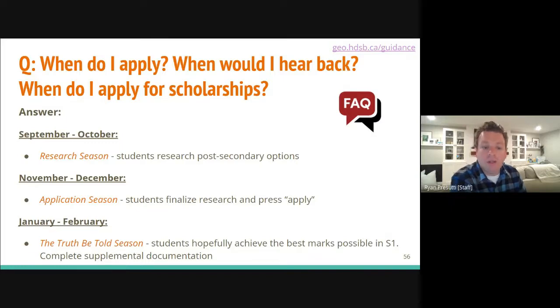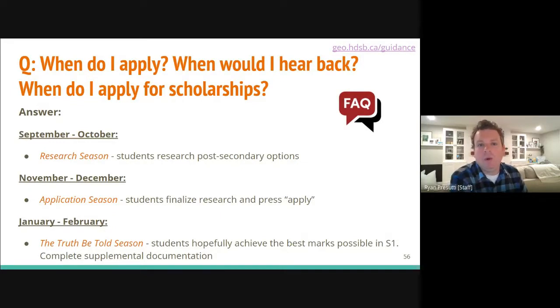In November and December, we call that application season. So that is when students should actually finalize what their research is and then press apply on ontariocolleges.ca for college and on the OUAC website for university. That's the application season. I would strongly recommend, same as Ms. Foster said, please do not have your student return in January and not have applied.